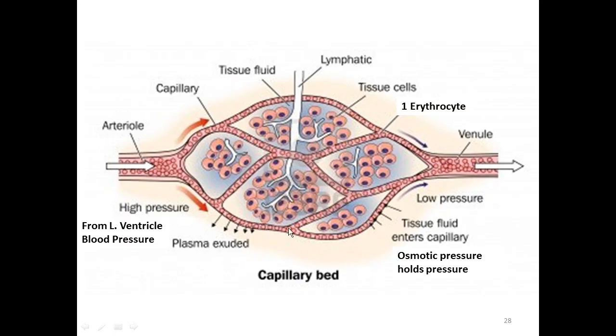As this gets hypertonic, osmotic pressure will move back in, keep it running steady, and then return to the heart through a vein. You see the lymph in here. Each circle is one erythrocyte or a red blood cell, and then these are tissue cells here. So blood pressure drives it in, gets hypertonic, that draws in water, and osmotic pressure keeps it going.